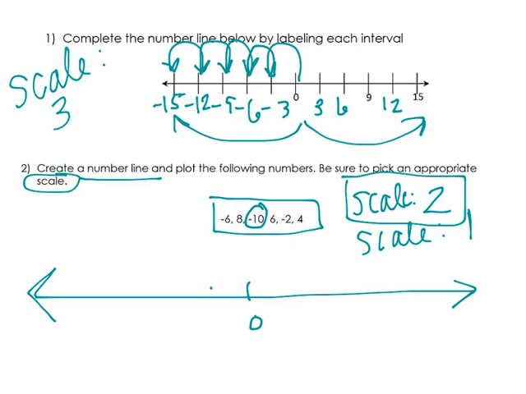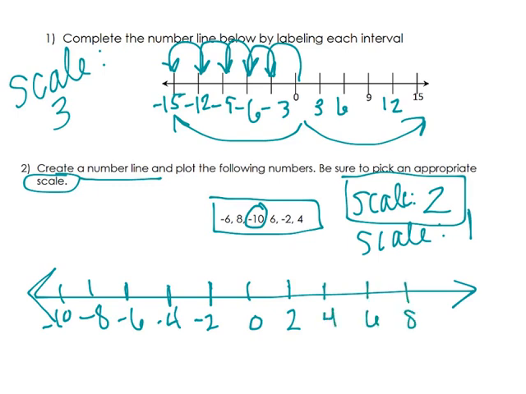My first tick mark would be -2, then -4, then -6, then -8, and then -10. This means on the right side, I would be counting by 2, 4, 6, 8, and 10.